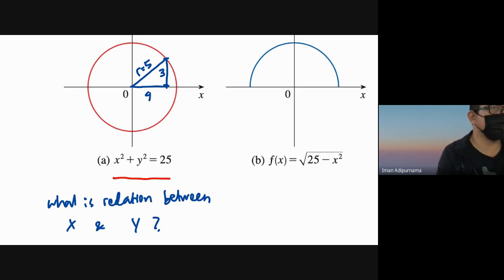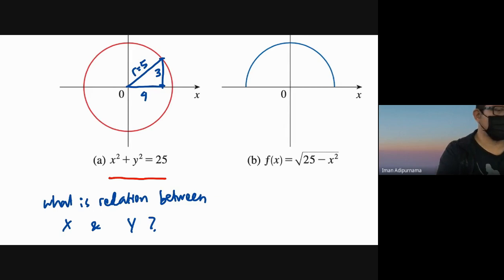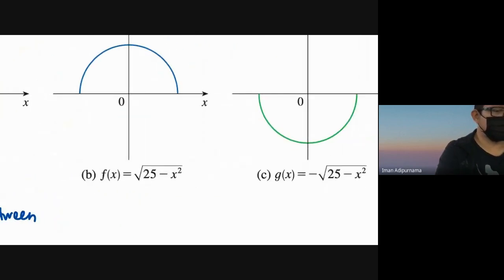Like, can we say y is a function of x in this circle? No. But if you want, we can make it happen with these two functions, f and g. We can make it into the square root of 25 minus x squared, or the negative one, the semicircle below the x-axis.